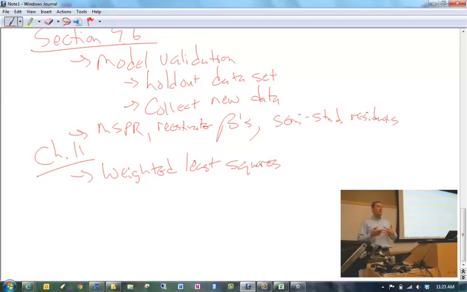Ideally, this is used in cases where you have non-constant error variance. And the weights that we assign to every observation depend upon these variances that are changing from one observation to the next. The problem, though, with this method is that we don't know what sigma squared i is exactly.